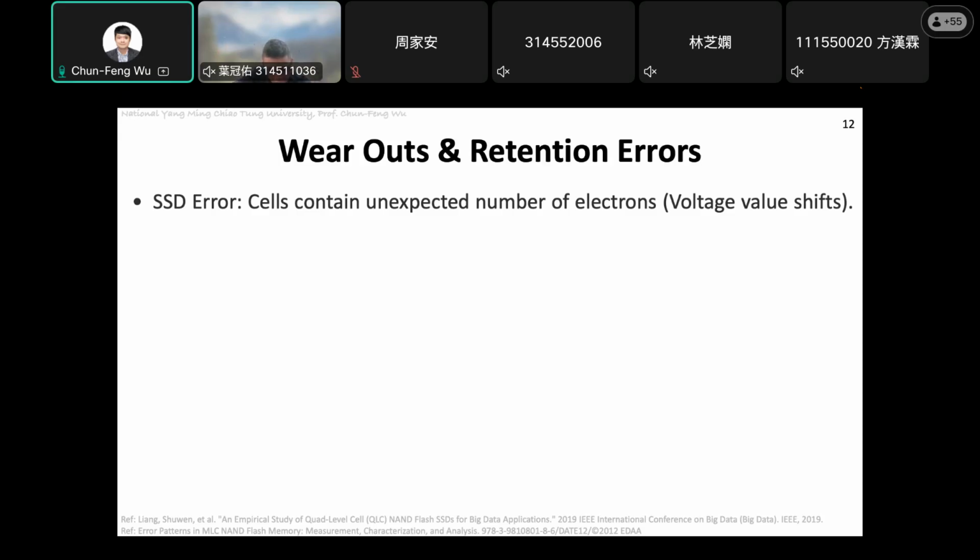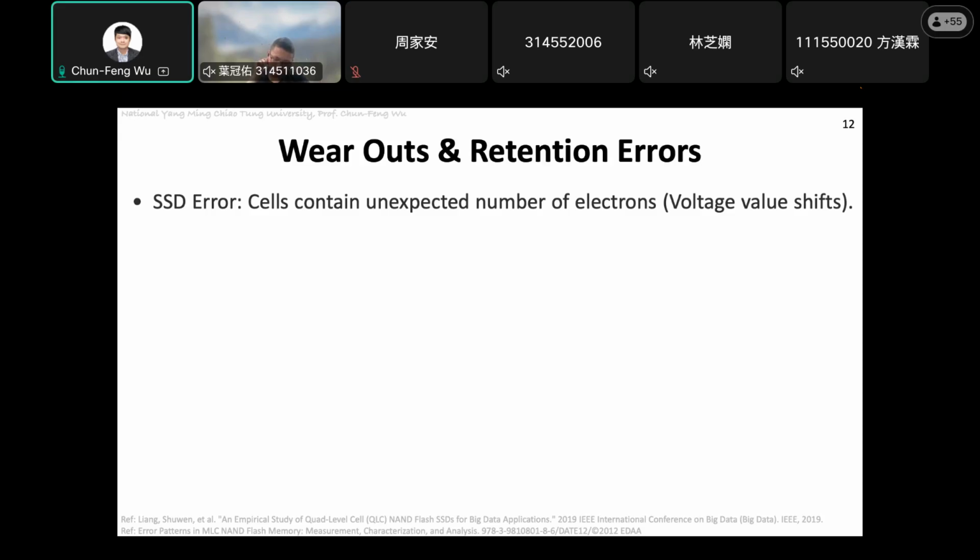It is easy to think about if you are using SLC. It actually has a very strong capability to deal with this error because there are only 2 states, with electrons or no electrons. So an SLC cell is not really afraid of SSD errors, because a few electrons of difference doesn't really matter.